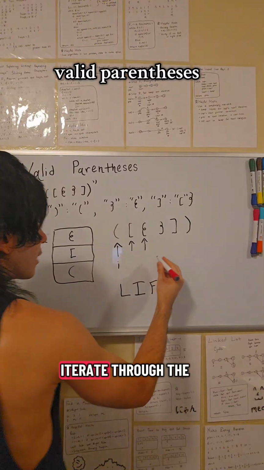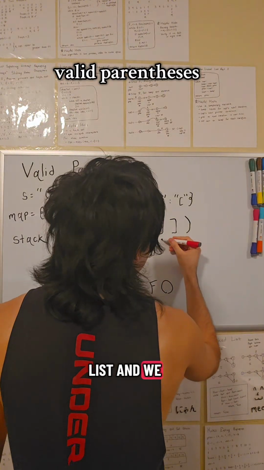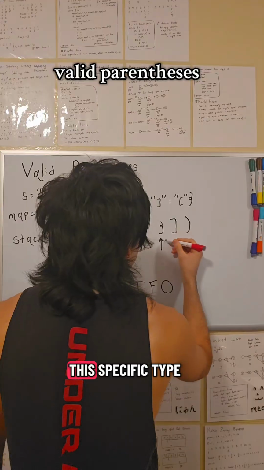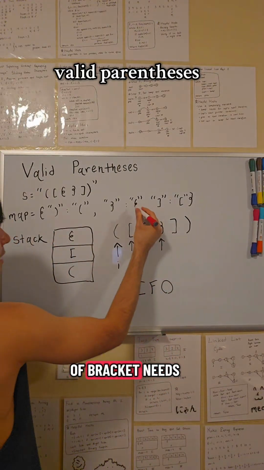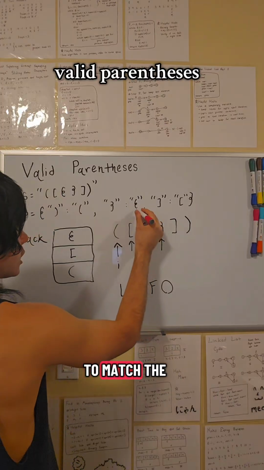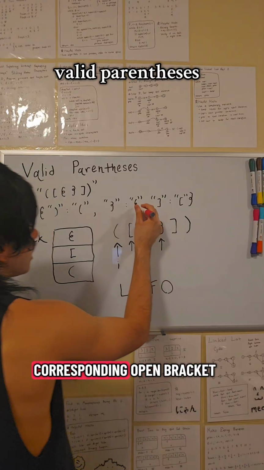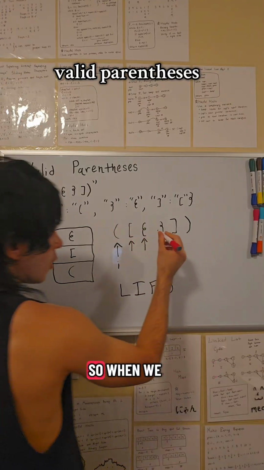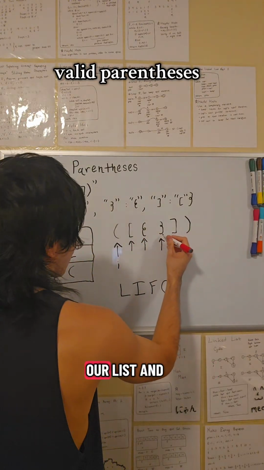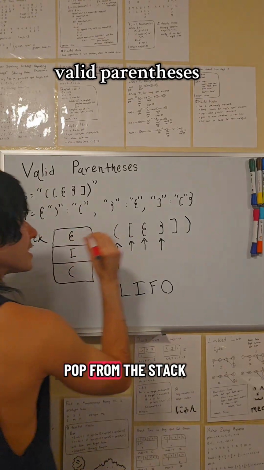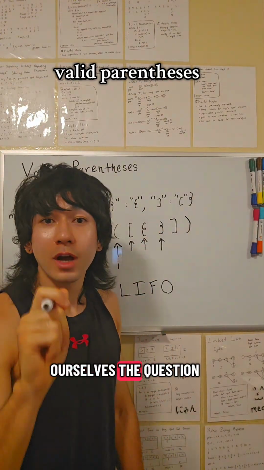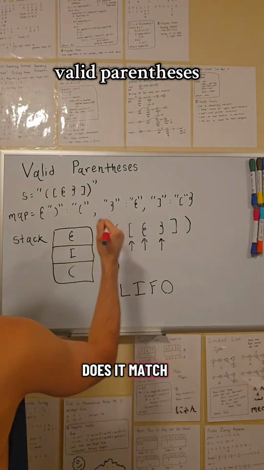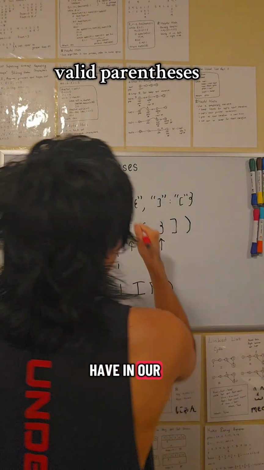So when we iterate through the list and we see a closed bracket, this specific type of bracket needs to match the corresponding open bracket. So when we see this in our list and we want to pop from the stack, we first ask ourselves the question: does it match the key value pair that we have in our hash map?